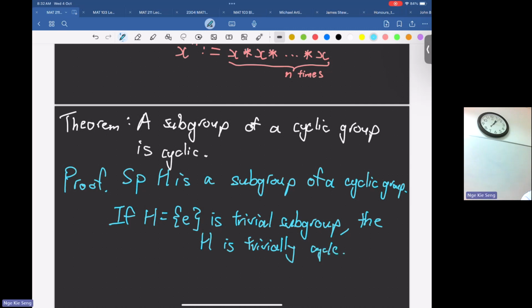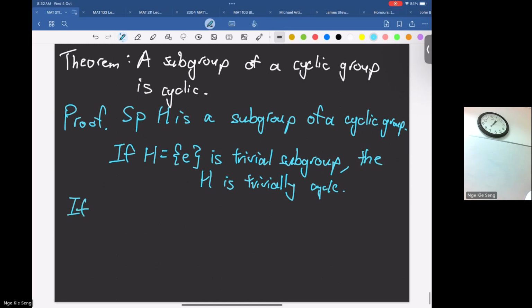So the hard case is when H is not the trivial subgroup. What can we do? There is something inside this H. But remember, this H comes from a cyclic group, so you already know what the elements look like. What you don't know is what kind of integers there are.